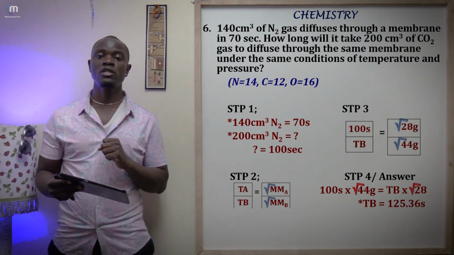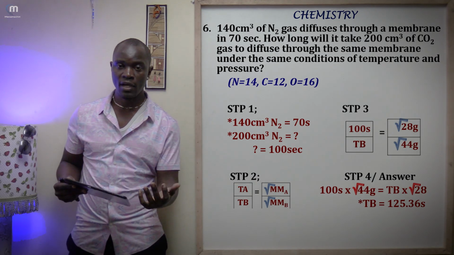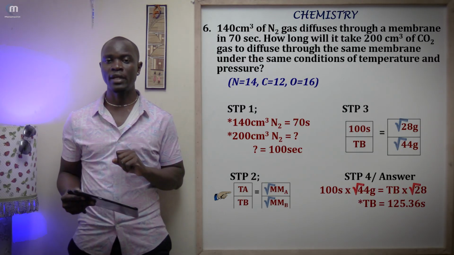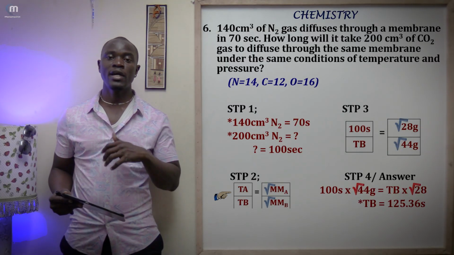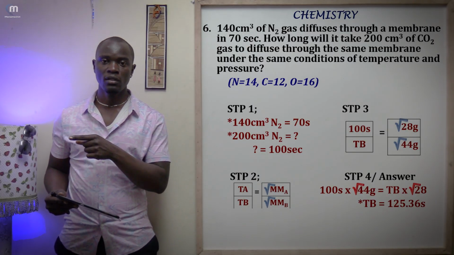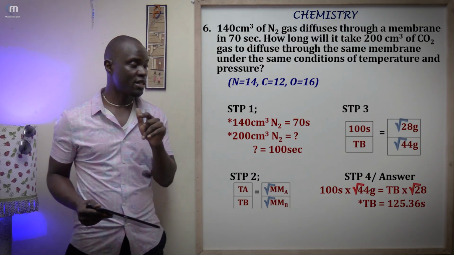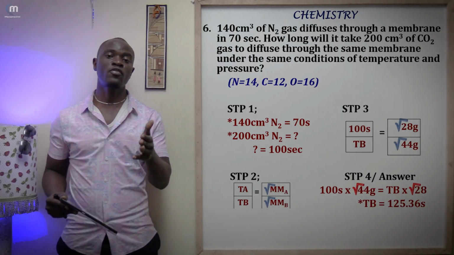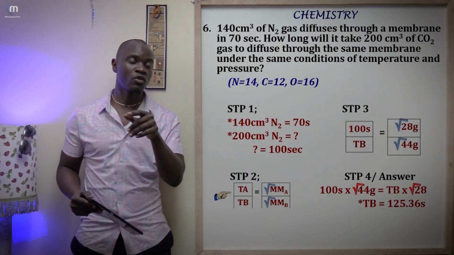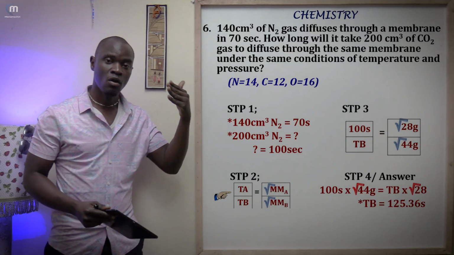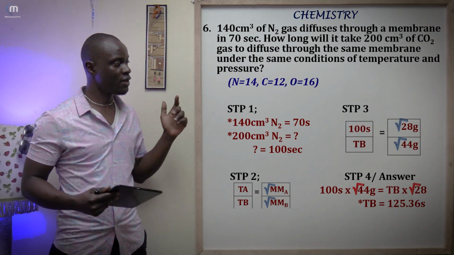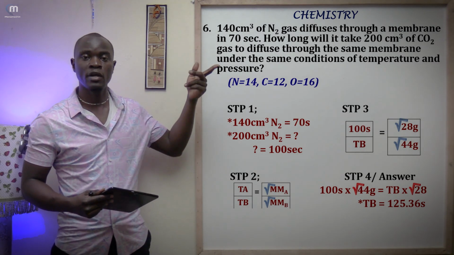So in this case, remember, what are we comparing? We are comparing time and we are comparing the masses. Now in Graham's law of diffusion, this is what you should never forget. If we are dealing with time, everything is directly proportional. That's why we said the time of gas A over the time of gas B is equal to the square root of the molecular mass of gas A over the square root of the molecular mass of gas B. Directly proportional, I mean, if A is the numerator, it is the numerator on the other side.